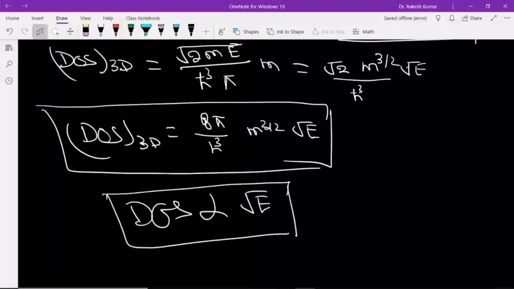Although we don't need to know about the density of state in nanomaterials like one dimension, 2 dimension, but if we want to determine the density of state in 2D, then we have to use two axes only or two dimension only, that is x or y or xz or yz. Then we can take the area, the minimum area that is required by an electron.